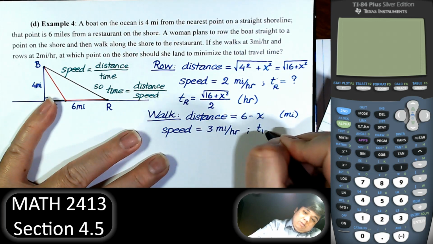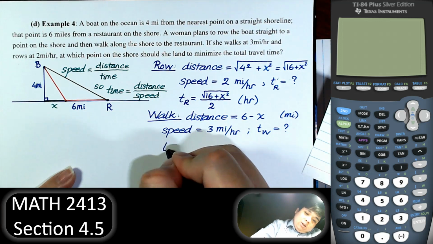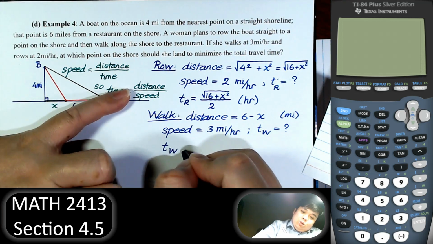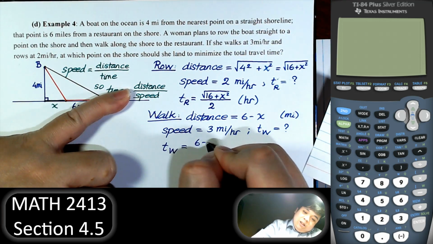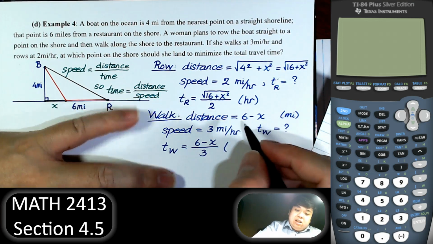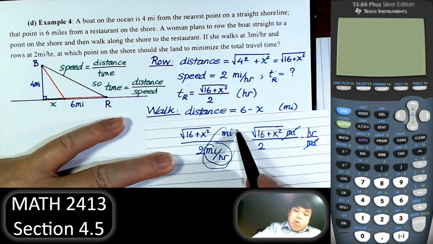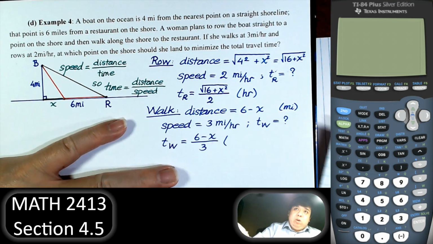And what is the time that she spent walking? So once again, the time is equal to distance divided by speed, and for the unit, if we do once again miles over miles per hour, miles cancel out, we're left with hours.